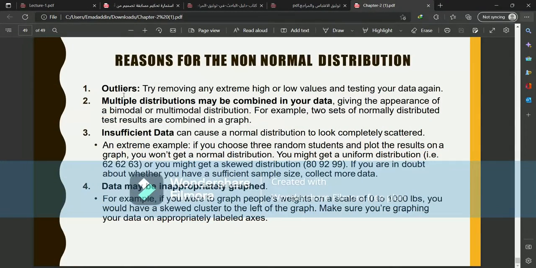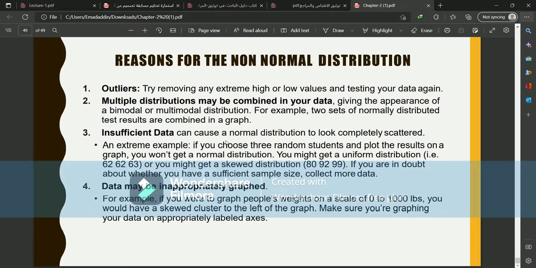Outliers: remove any extreme high or low values and test your data again. Multiple distributions may be combined in your data, giving the appearance of a bimodal or multimodal distribution. For example, two sets of normally distributed test results are combined in a graph.